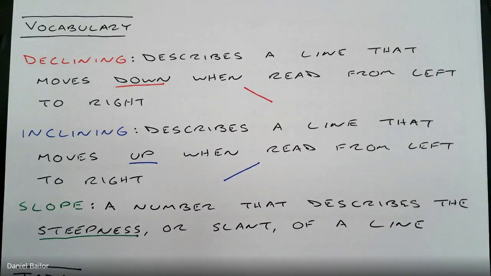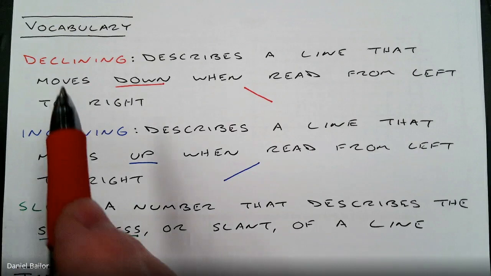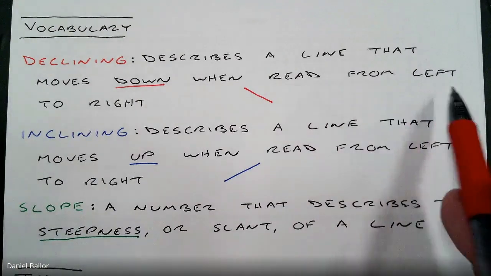First word is declining. Declining describes a line that moves down when you're going from left to right. When we read lines, like when we read books, we start on the left side of the page and we go right.